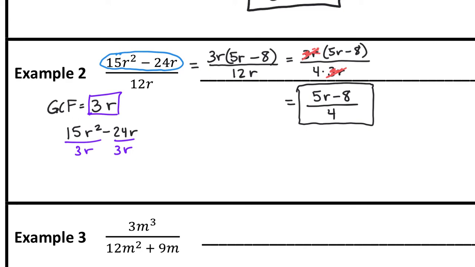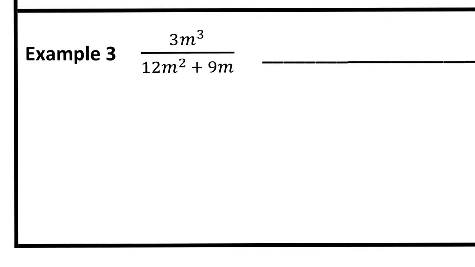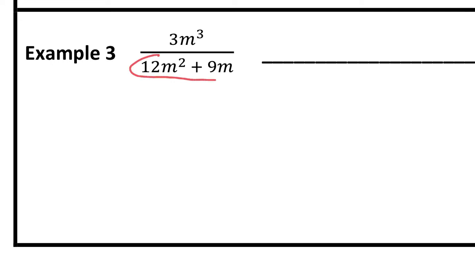Okay, let's look at example 3. Zoom in again. Okay, and so this time we're going to look at the denominator. Check to see if the denominator has a GCF.